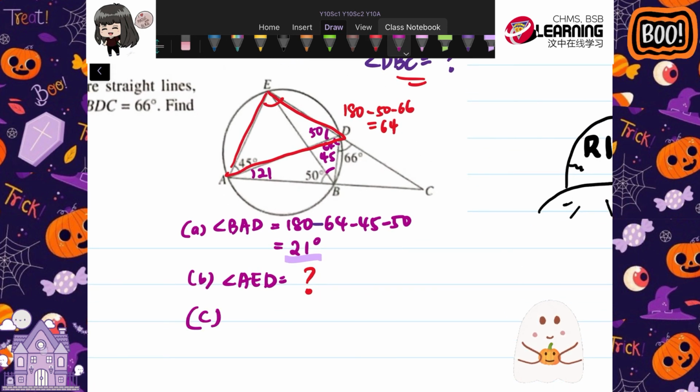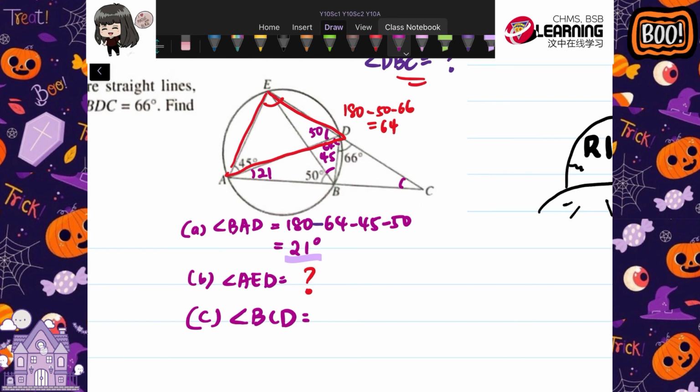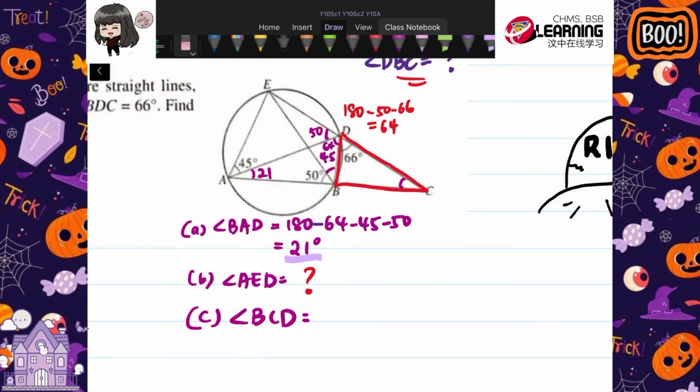And then the last one is angle BCD. BCD is over here. There's a triangle here, as you can see. So in that triangle, you can find this angle here first.